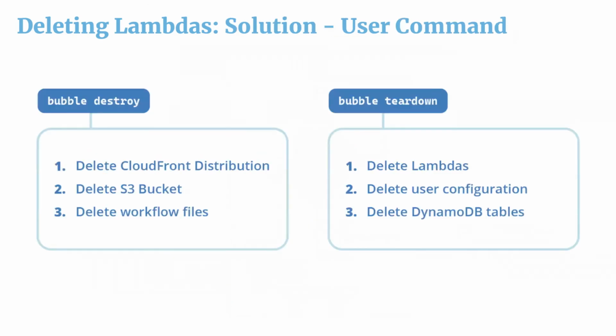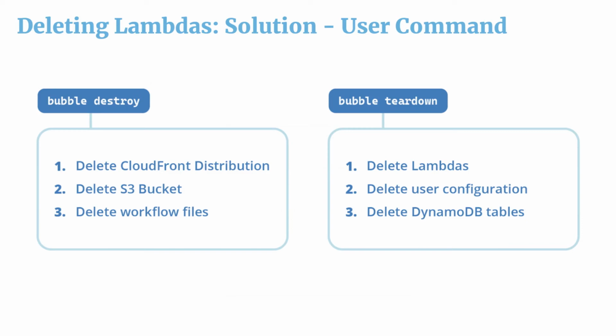We decided to take another approach for this specific task. Instead of cron jobs, we decided to add an additional command named bubble teardown, which users can run themselves sometime after running bubble destroy in order to remove any remaining lambda at edge functions. To make this change, we had to adjust how we maintain the information necessary to tell AWS to remove these functions.